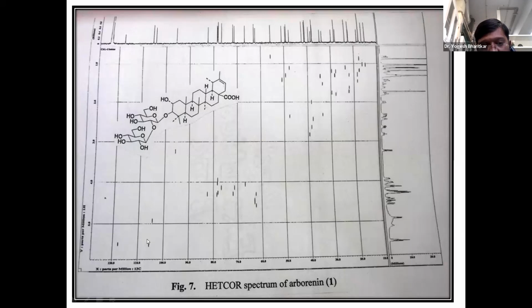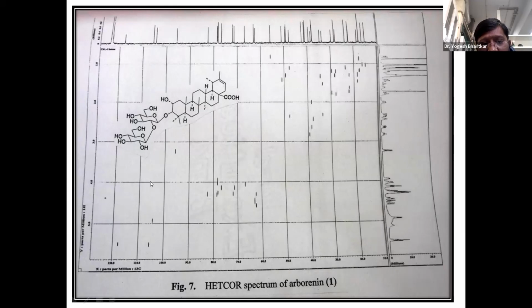Here there is also an overlap: the anomeric carbon and anomeric proton overlap here, so we also get an anomeric signal in the same region. This is the overlap of the anomeric proton and the double bond carbon and proton. These two carbons correlate with this region, and we can magnify these signals to get exactly which carbon belongs to which proton.